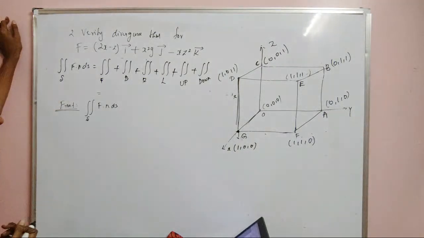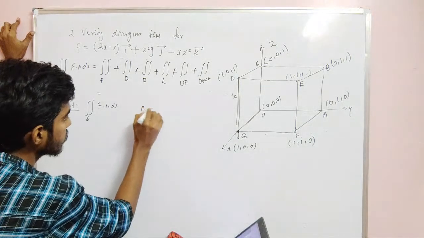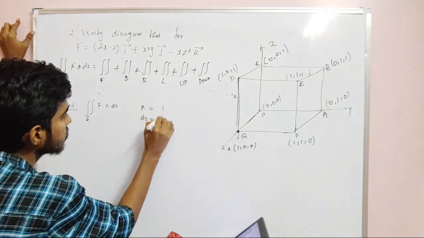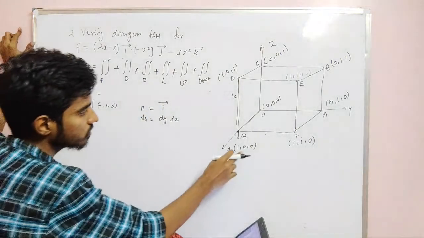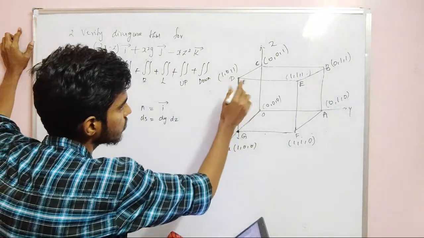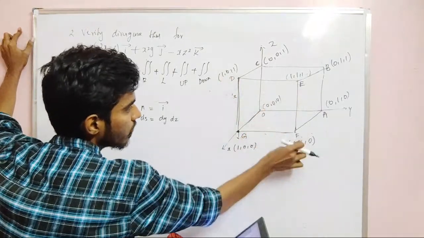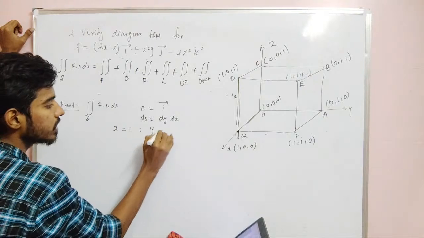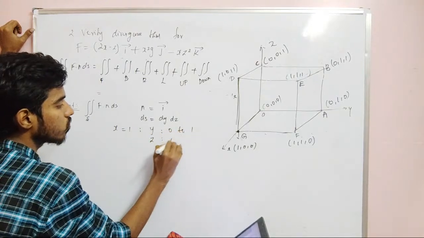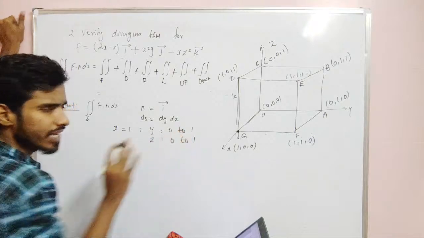Front face is D E F G. And our n is i, and our dS is dy dz, and you can see for this face x is equal to 1, so x is equal to 1, and y and z are varying. So y varies from 0 to 1, z varies from 0 to 1, same as the previous problem.